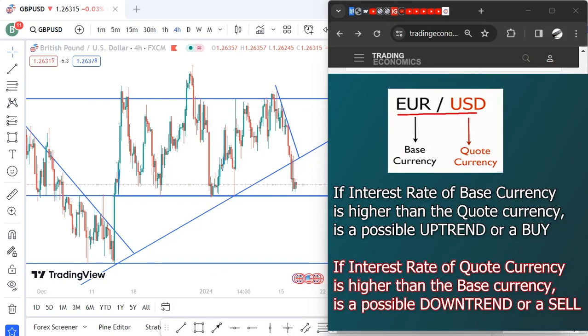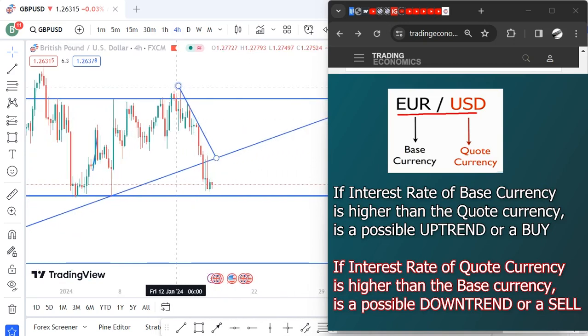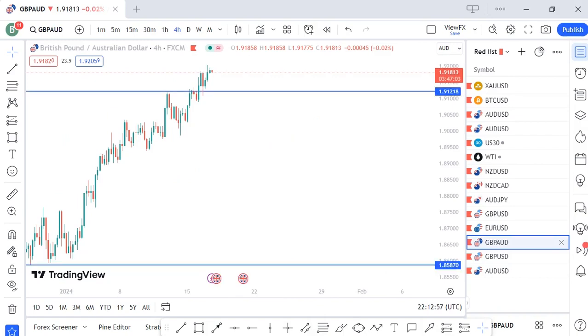So what it means is that GBP USD is going to be selling, and this is the 4-hour time frame, and you can see that GU has been selling since last week. Okay, so let's go ahead. Let's check the next pair.